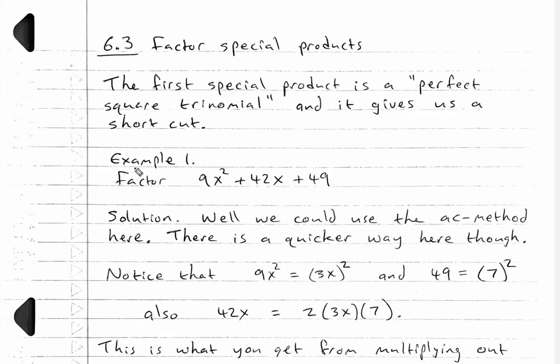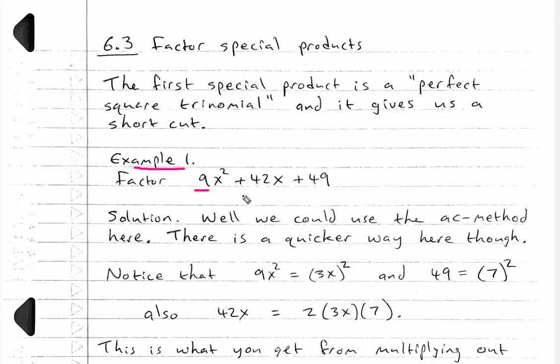Okay, so let's look at this. Example 1, factor this: 9x squared plus 42x plus 49. We have a trinomial. We're in the harder case. It's not 1x squared, so we could do this using the AC method.